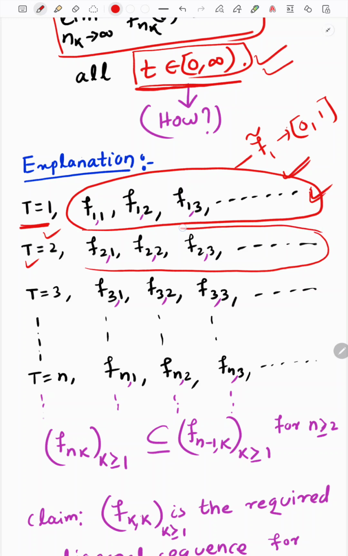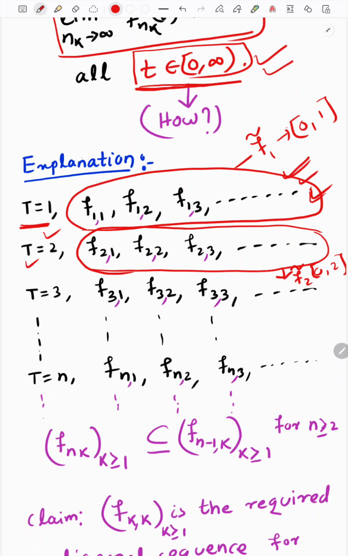Then we extract a second subsequence, which is a subsequence of the first one. Then we get a limit function f2 tilde, which is defined on the closed interval 0 to 2.